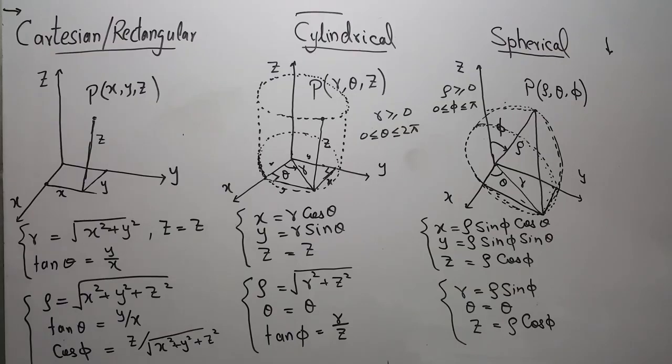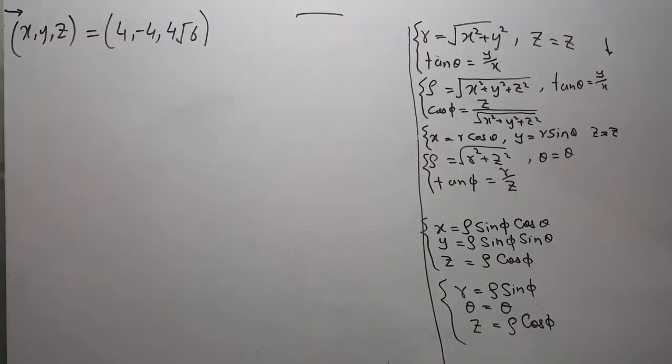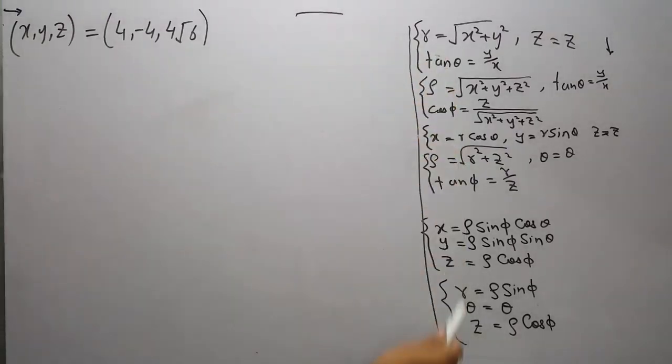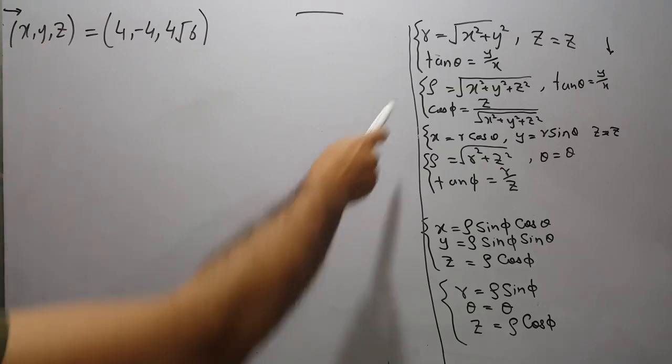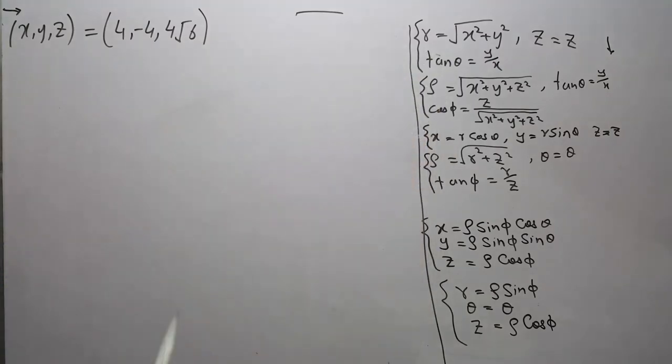Let's solve some examples. These are all the formulas I have written down over there. Now you have x, y, and z rectangular coordinates given. You have to transform that into cylindrical coordinates and spherical coordinates.